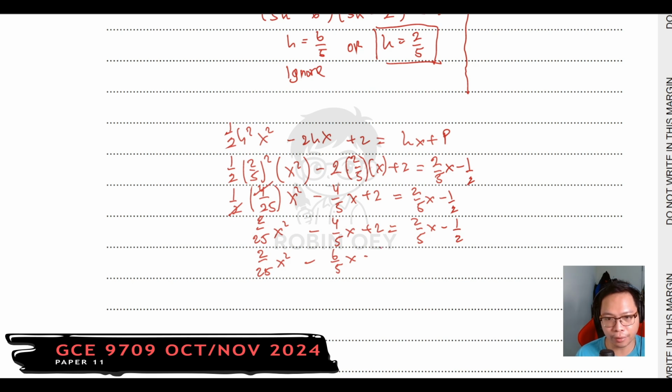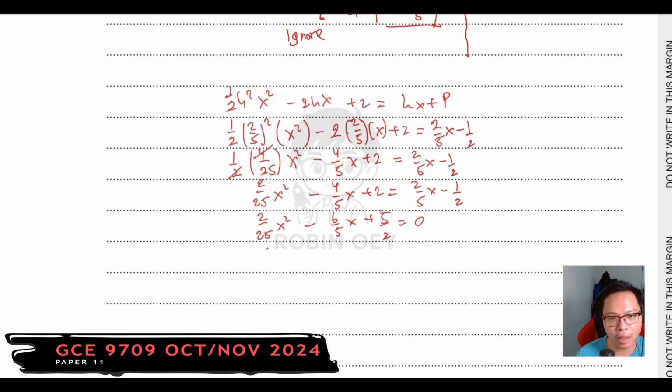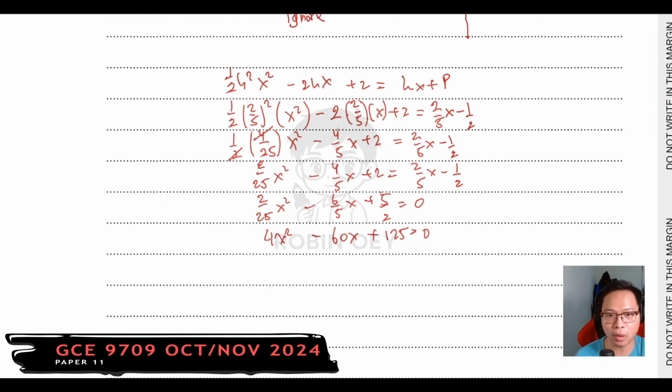And then we have 2 plus half, which is 5 over 2. And then we times 50. So we get 4x squared minus 60x plus 125 equals to 0. Can we simplify this? No, it cannot be divided by anything.